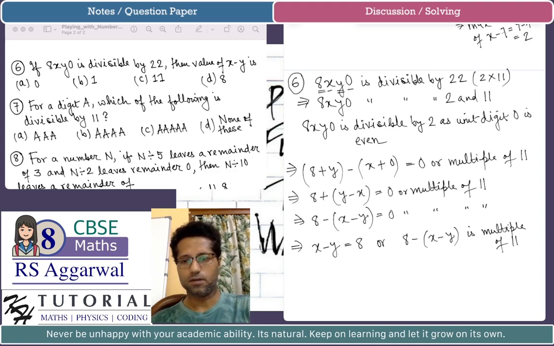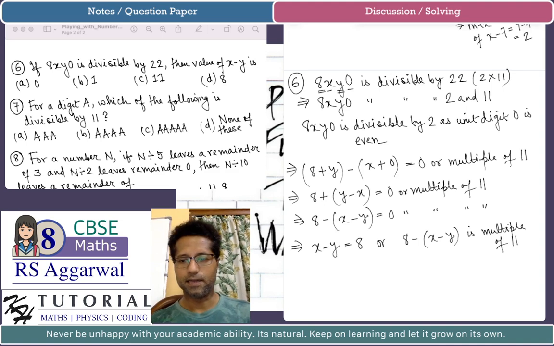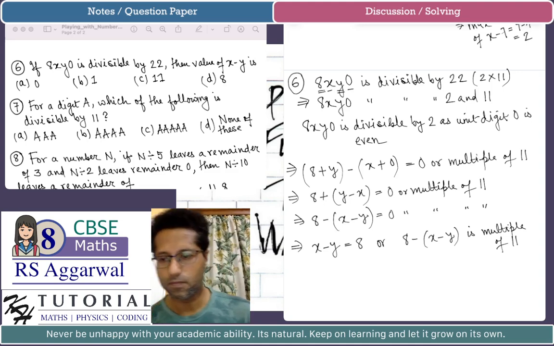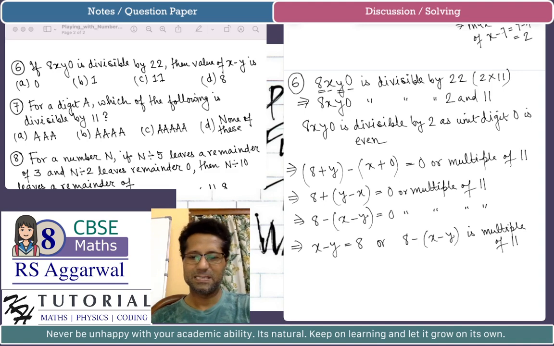But just for explanation, let's see whether the expression 8 minus x plus y can be a multiple of 11 for some values of the digits x and y. Now x and y are digits, their values are from 0 to 9.